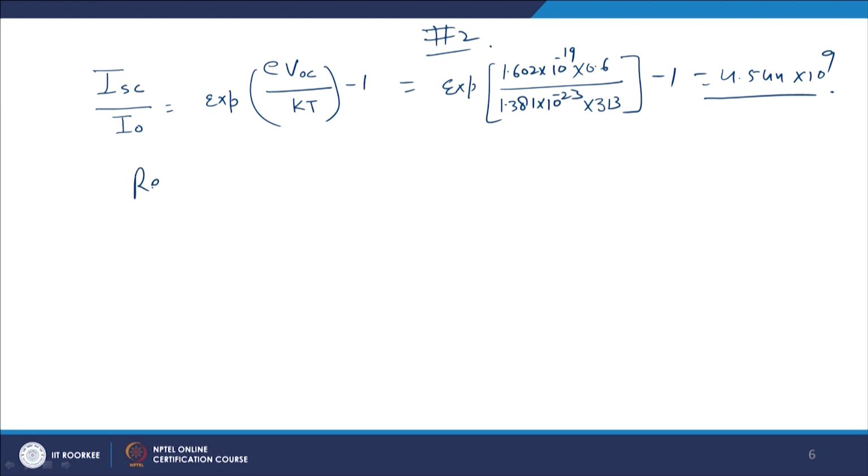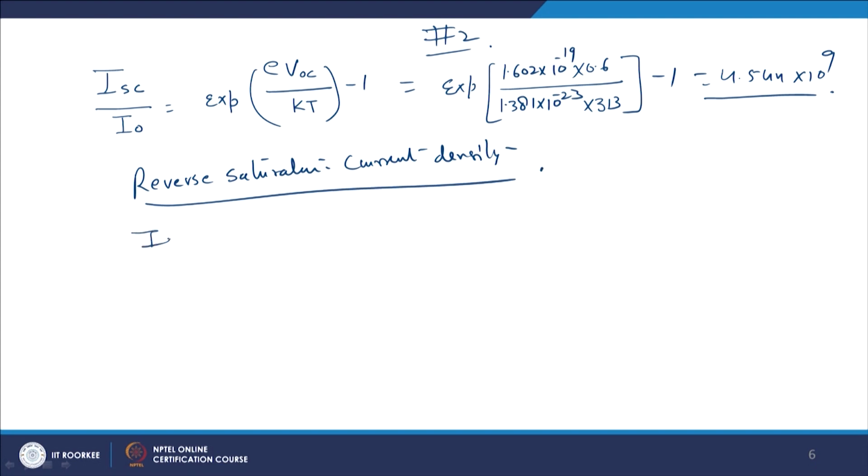Now, reverse saturation current density, I0 by AC. It is equal to ISC by AC divided by ISC by I0. We have simply manipulated this ratio. I0 by AC is ISC divided by AC, ISC divided by I0. So, I0 will go up. Then again if you simplify this, you are going to get this expression.